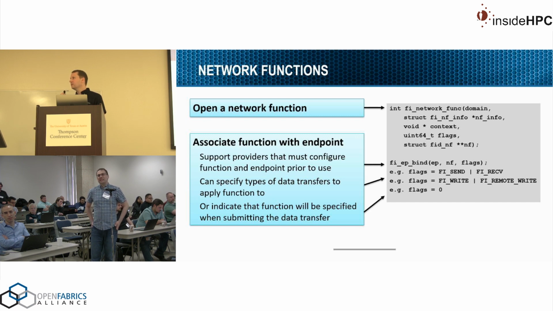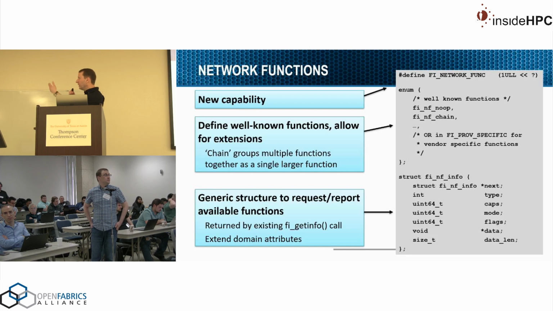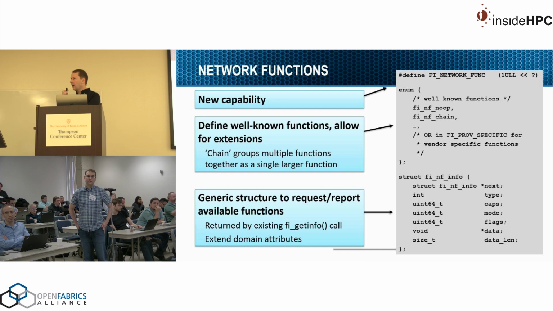I think it just needs to evolve, right? People want to use it today, and the goal is that these well-known functions expand. I didn't list it here because I don't have enough room on the slide, but you would have these well-known function types exposed, like the atomics, which are something easy to expose.